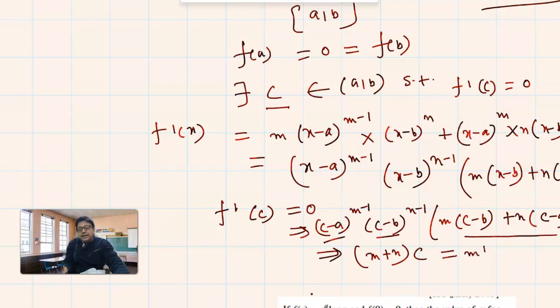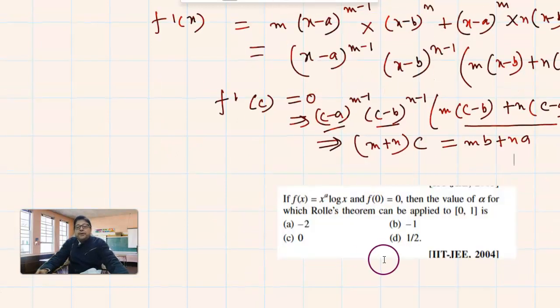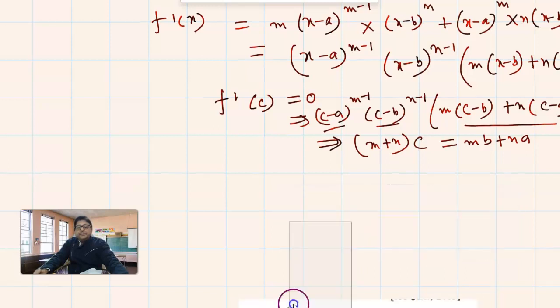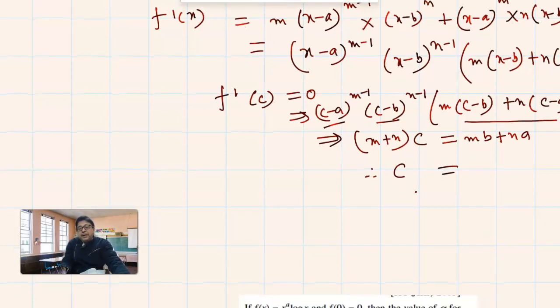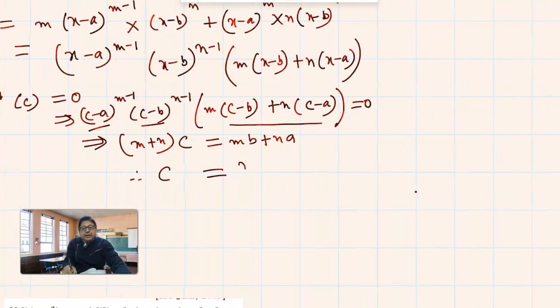Now if we get the value of c from here, c is equal to (mb plus na) by (m plus n).